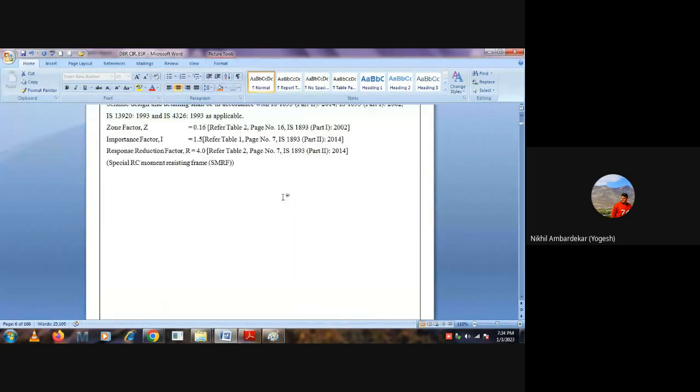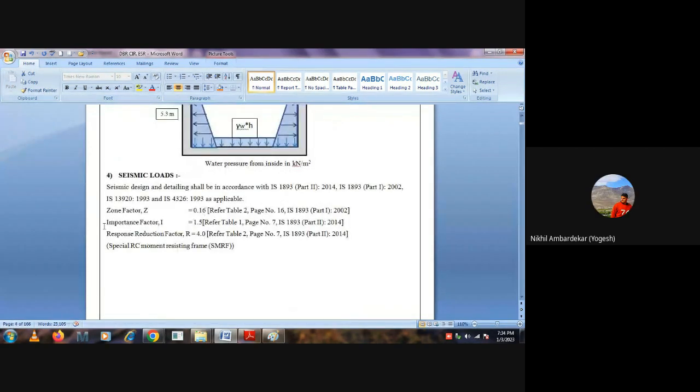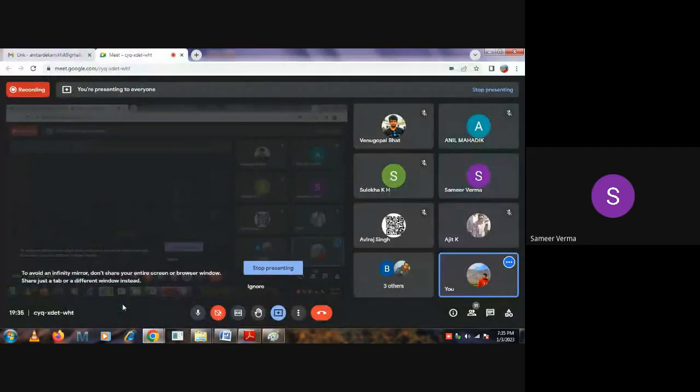Okay, so now the second part. Again, this will be more of an interaction session. I will ask you some questions, and I'm expecting answers from you, so we can discuss those things. Second thing, what is this importance factor I? It depends on the type of building, the category it is. So what is the purpose of that building in case of an earthquake?